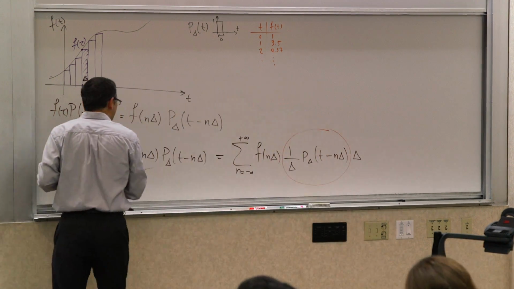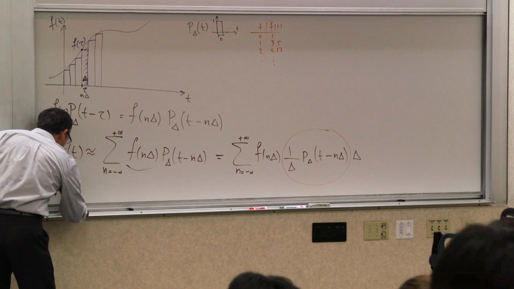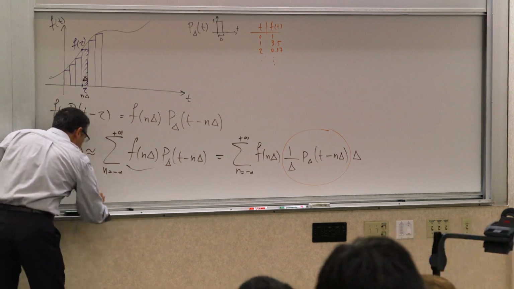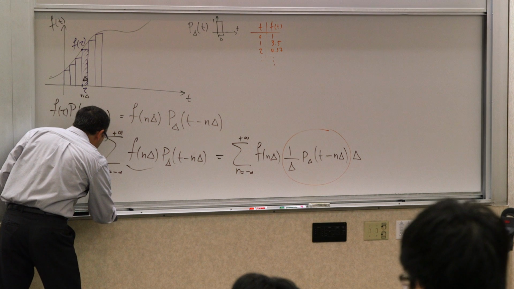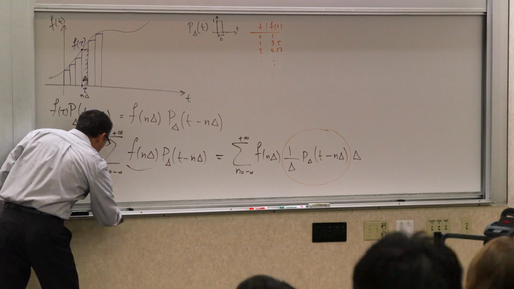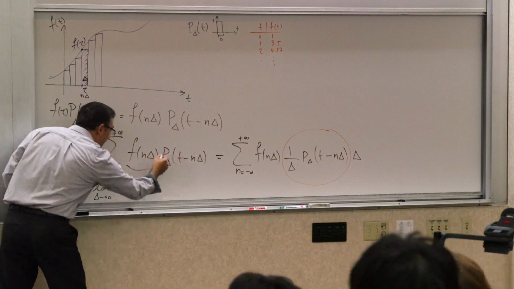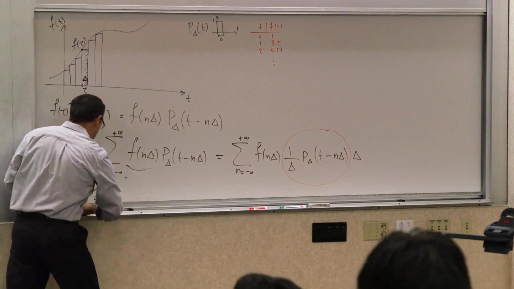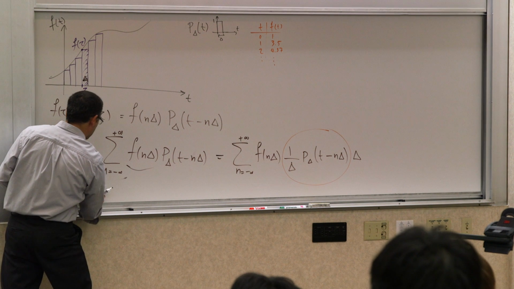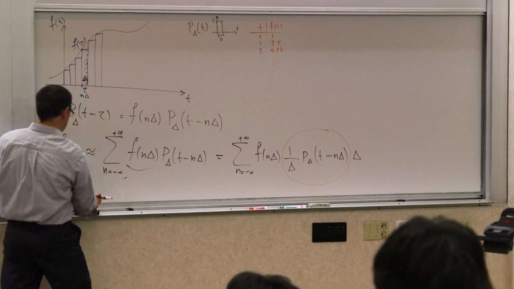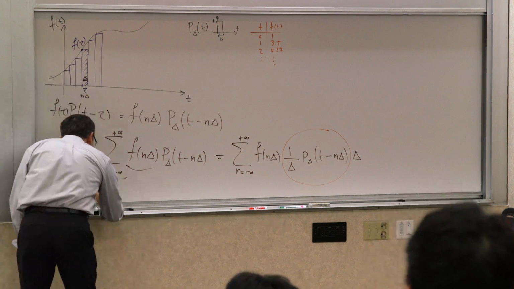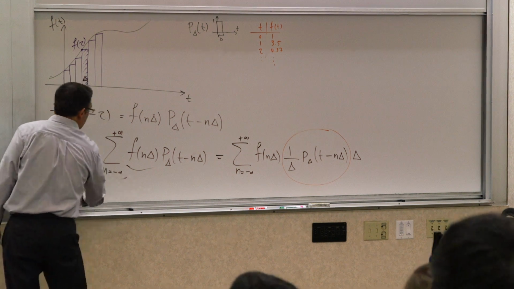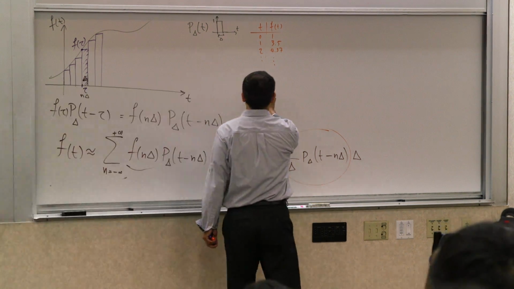So to get that exact f of t, do you agree that, if it's a well-behaved function, the limit of delta going to 0 of that would determine this, right? So it would be the limit of, okay, I'm running a little bit out of space here. Let's do it here.